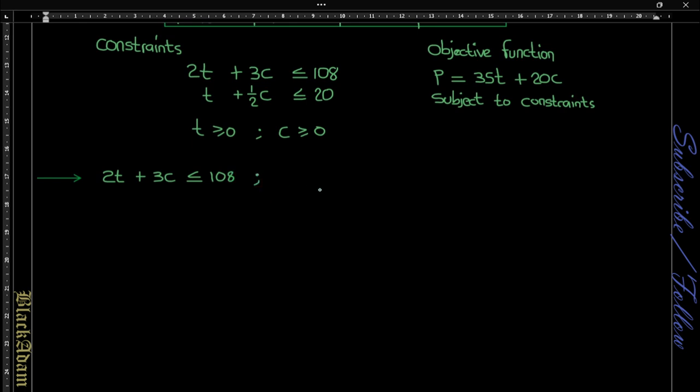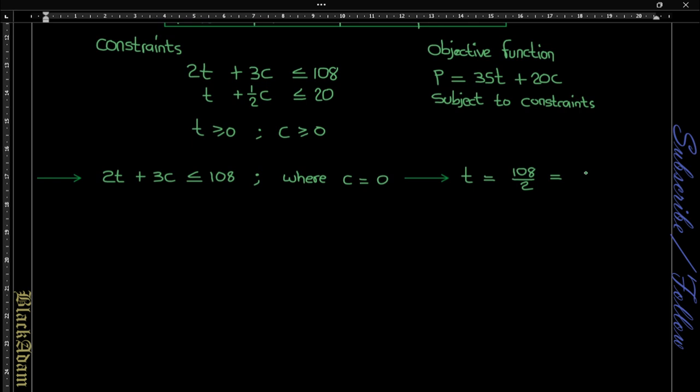Where, let's say c is 0, we're going to have t equal to 108 divided by 2, so that translates to 54.